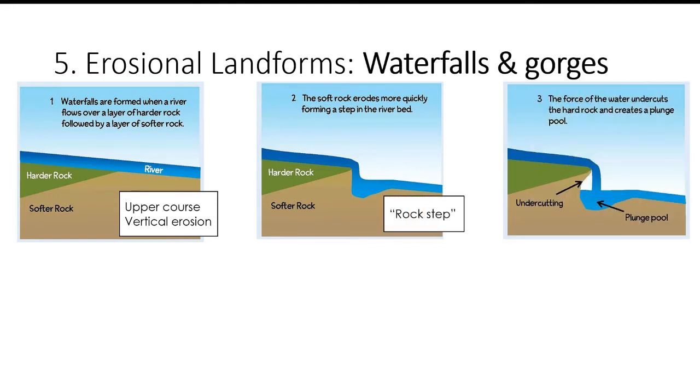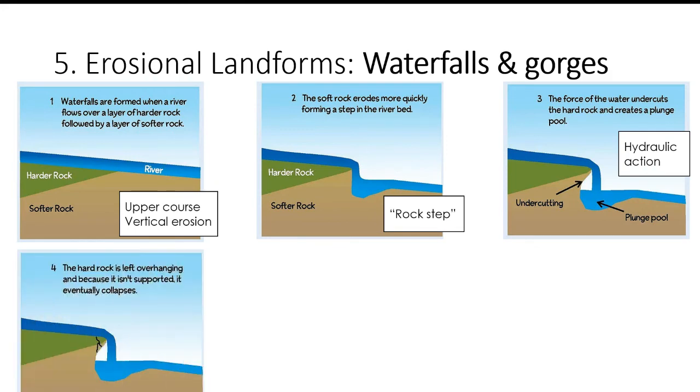Now, as that continues, you're going to end up with the water causing undercutting of the harder rock and the creation of a plunge pool, because as that water falls down, you are getting lots of that vertical erosion through that process of hydraulic action, the shear force of the water falling down off that overhang and falling into the plunge pool.